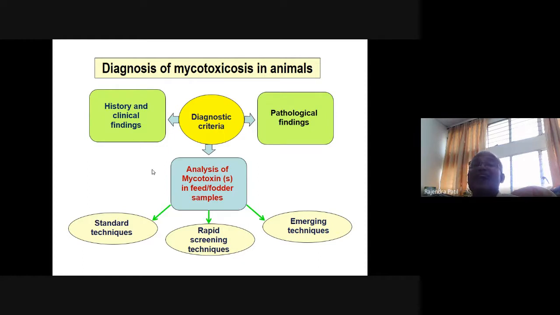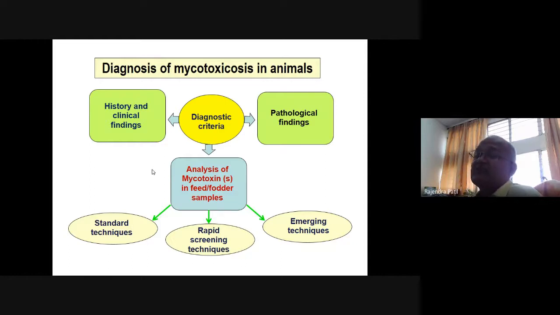And nowadays the main research, because you might be knowing the pressure of climate change and the increasing population, people are more concerned to know how much contamination is in the feed and fodder which we are using for the human or animal population. So the analysis of mycotoxins includes standard techniques, rapid screening techniques, and emerging techniques.